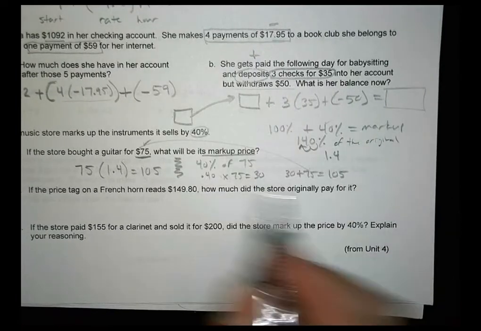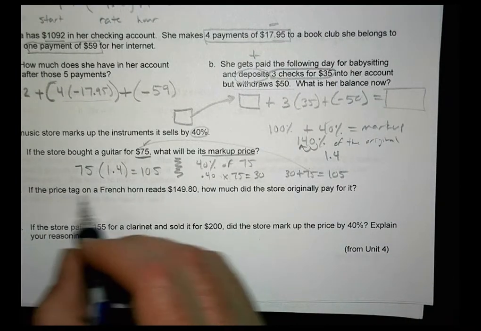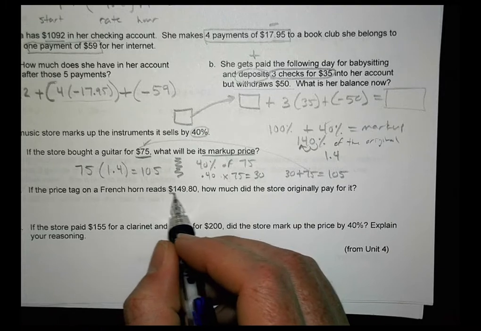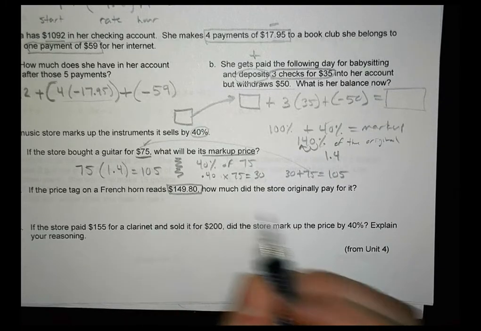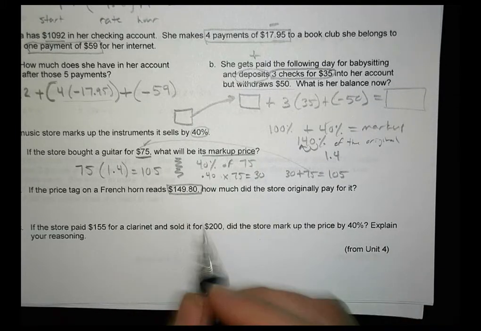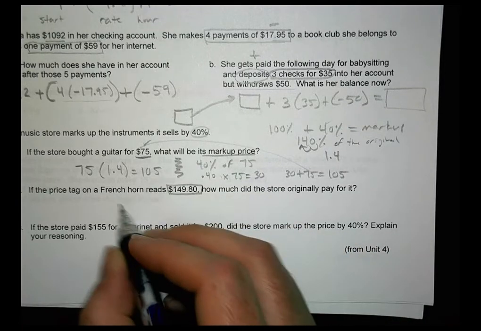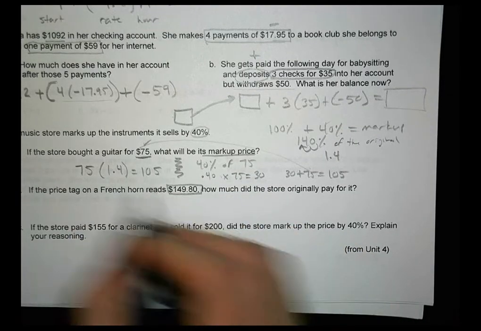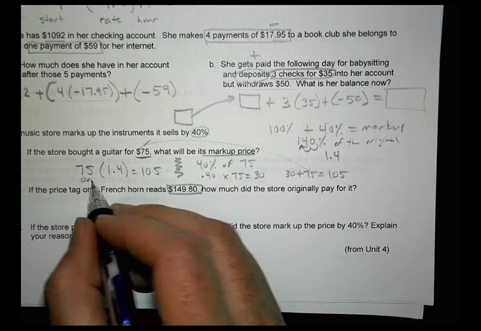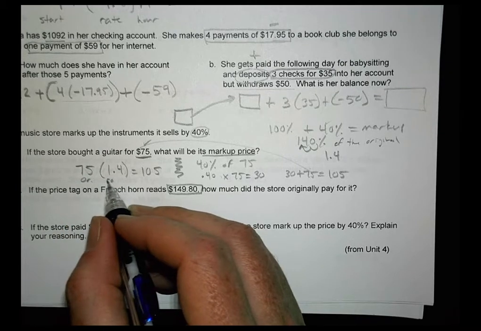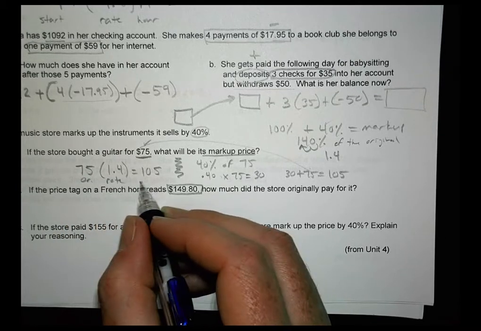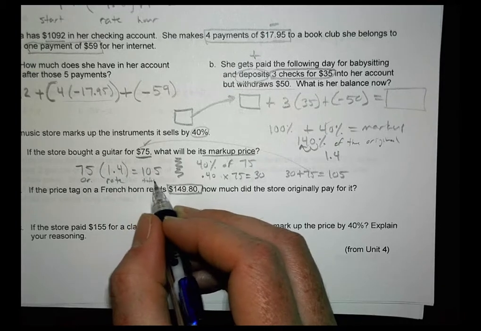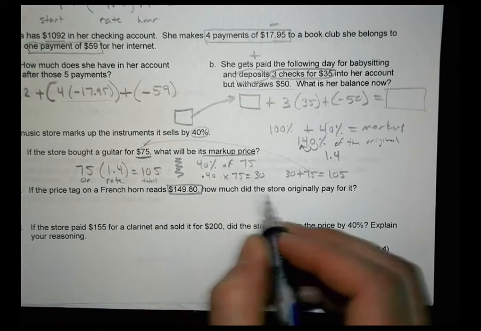Okay? B, if the price tag on a French horn reads $149.80, how much did the store originally pay? Okay. So with this case, we don't know what the original price was. Think back over here. We have the original times the markup rate equals the total. In this problem, we don't know the original.